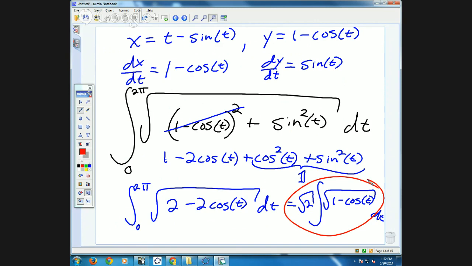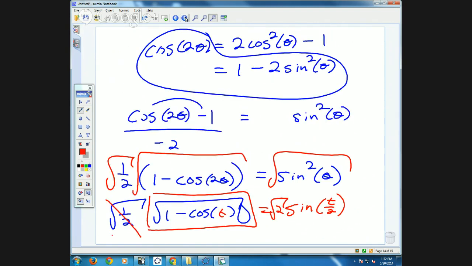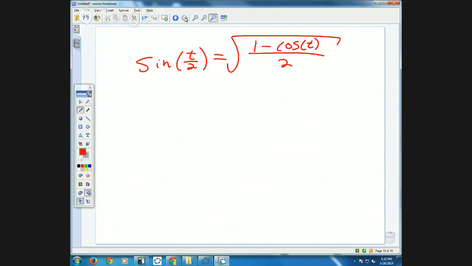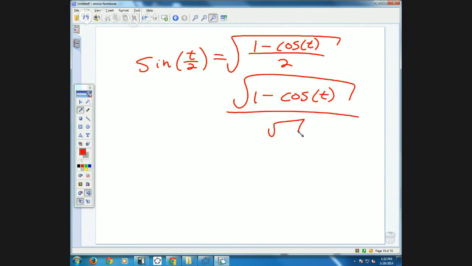Right, so what I'm saying is the square root of 1 minus cosine of t is equal to the square root of 2 times the sine of t over 2. We can get that from this formula too, because this just means the square root of 1 minus cosine of t, divided by the square root of 2. I really only want that part, so I have to put the square root of 2 on the other side.